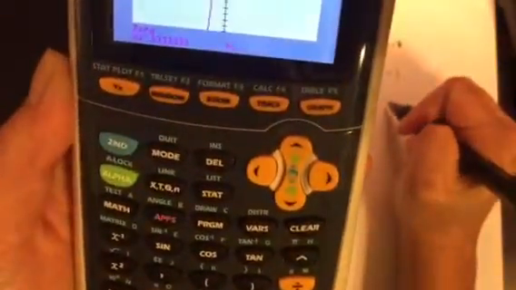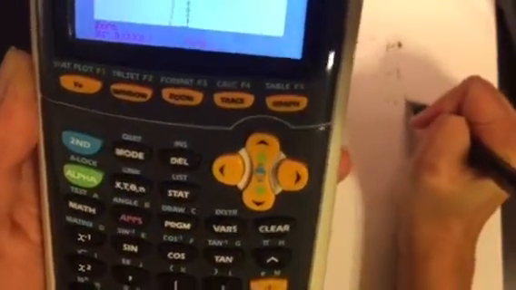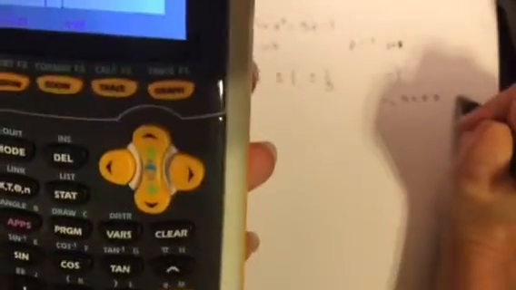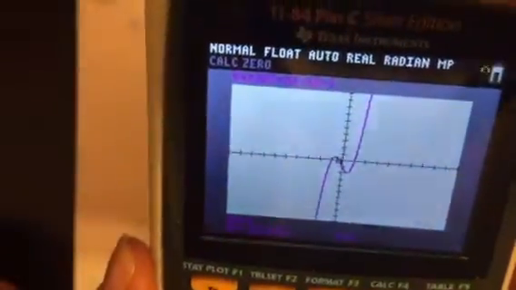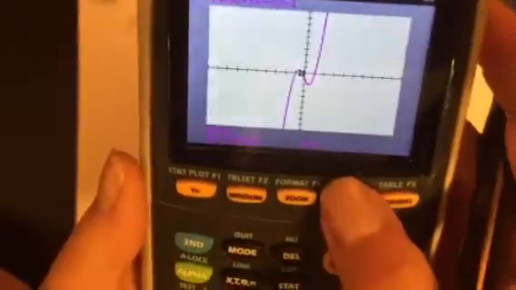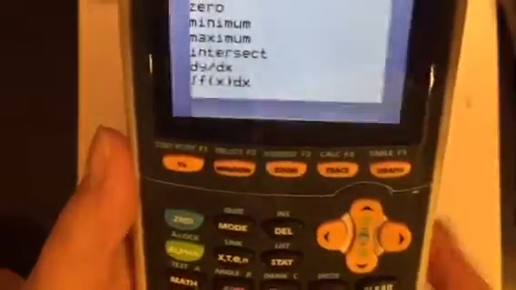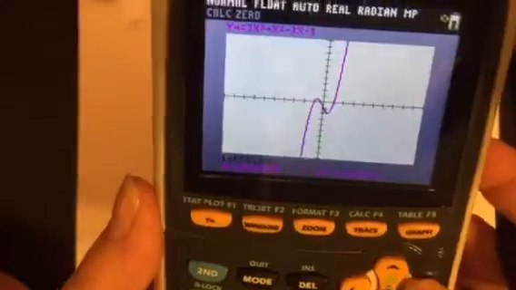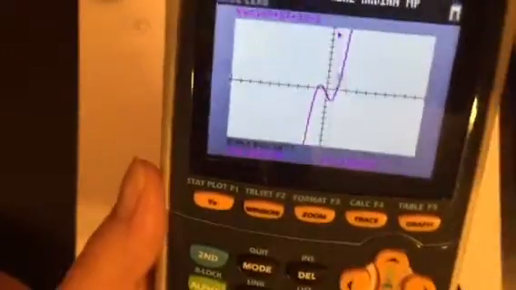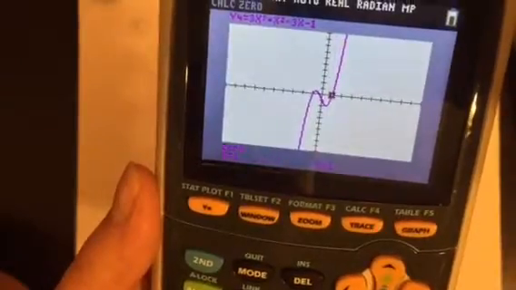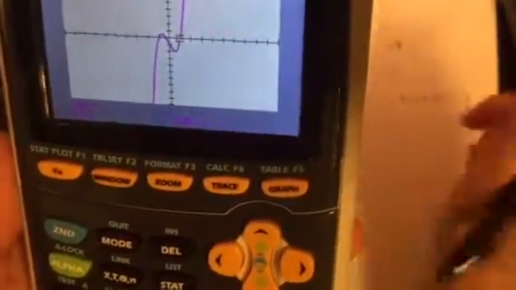And I have a 0 at -0.3333, which I know off the top of my head, and I know you do too, is -1/3. Okay, so that's also in my chart. So I'm going to do second trace, 0, and left bound, right bound, enter, 1.